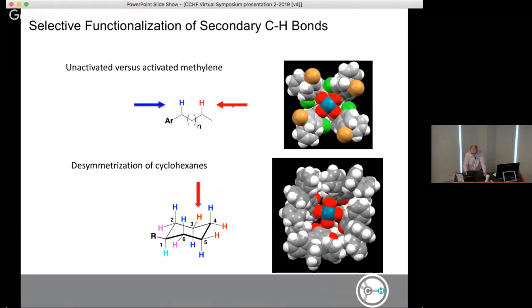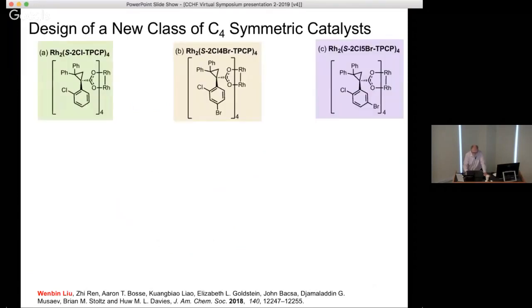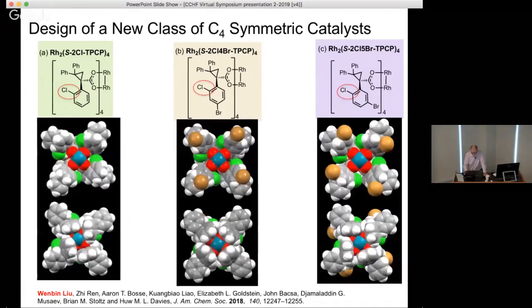So let me illustrate this work a little bit further. So the C4 symmetric catalysts are really interesting. We made a whole family of these by now. And basically, the interesting feature, if you have an ortho-chloro functionality, then these catalysts always adopt this C4 symmetric arrangement. And another interesting feature of this, if you look at the green color, which is where the chlorines are, you can see they're always to the left of the aryl ring.